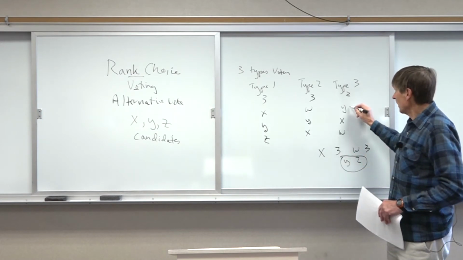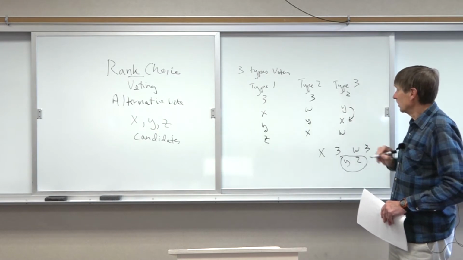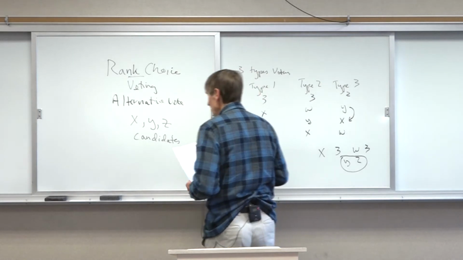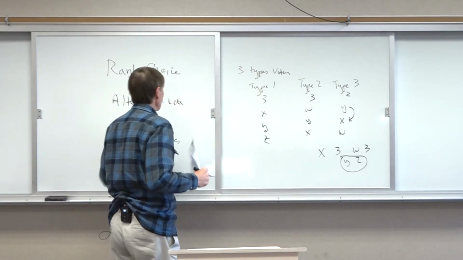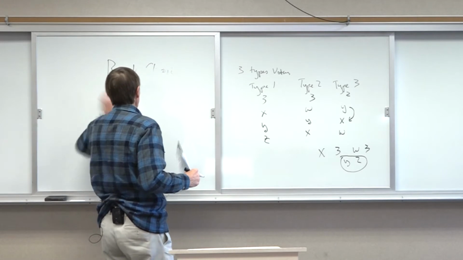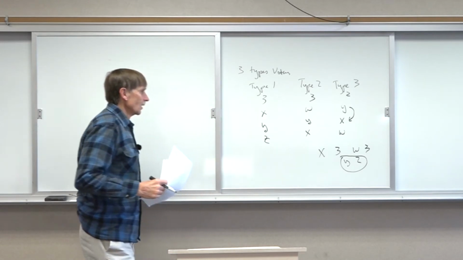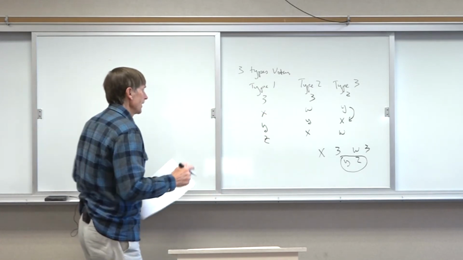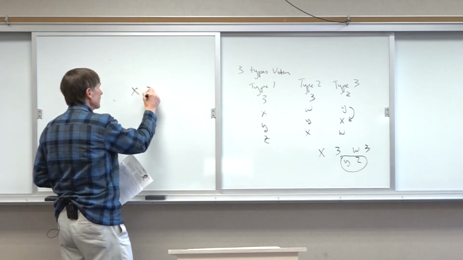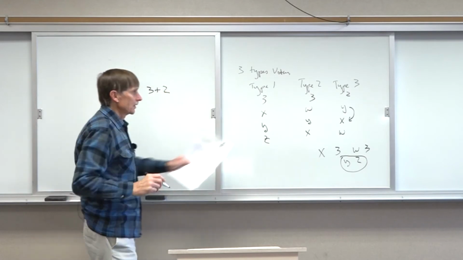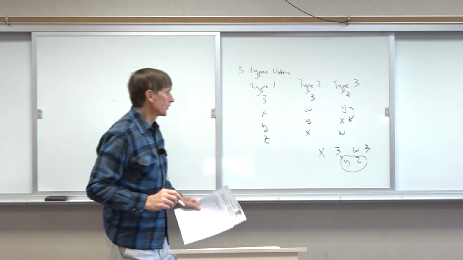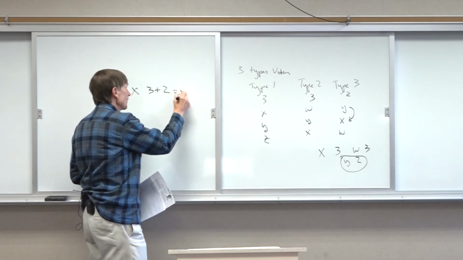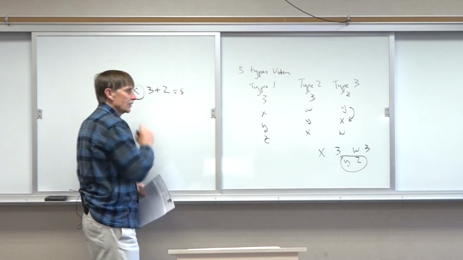And then Y's votes go to the second preference, which is X. So when X now gets these 2 votes, then X is going to have 3 plus the 2 that they got from Y's votes, and W still has 3, but X has got 5, and so X wins.